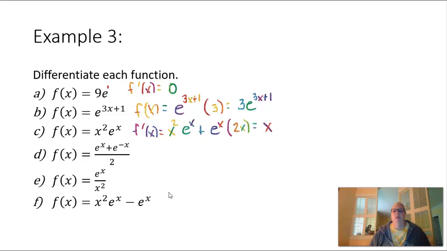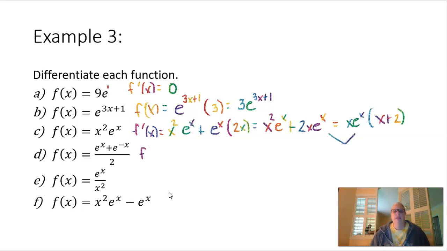So this one's going to be x squared times e to the x plus 2x e to the x. And you can leave that here if you want to, or if you want to go ahead and factor out that common term, which is x e to the x, you're welcome to do that. That's going to give you x plus 2. So either one of those will be acceptable.